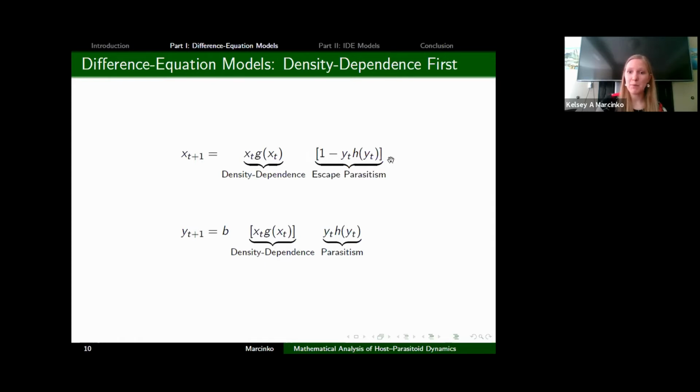Those that escape parasitism, this proportion here, become the hosts at the next generation. Down here, those hosts that are parasitized give rise to some number of parasitoids at the next generation, and so that's our parasitoid equation.